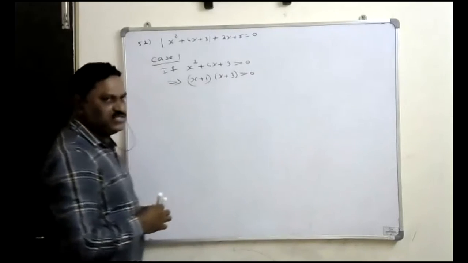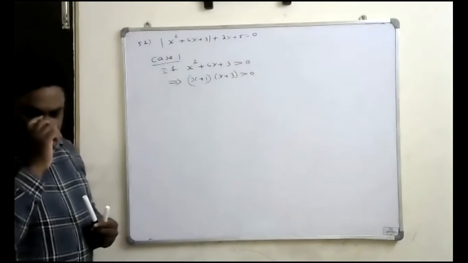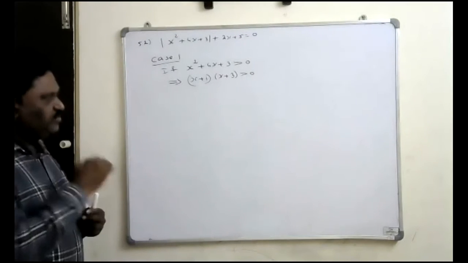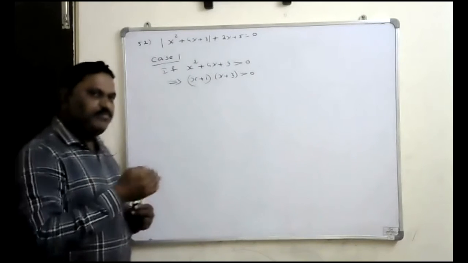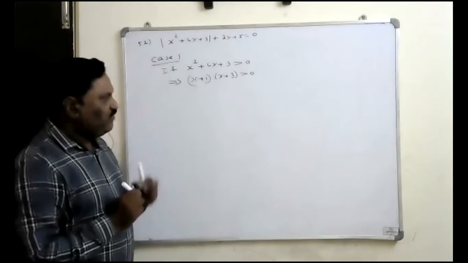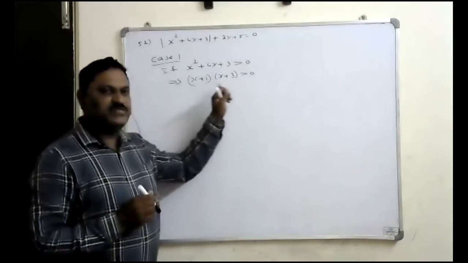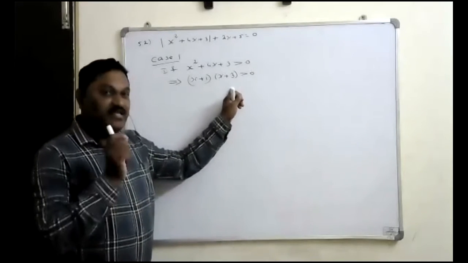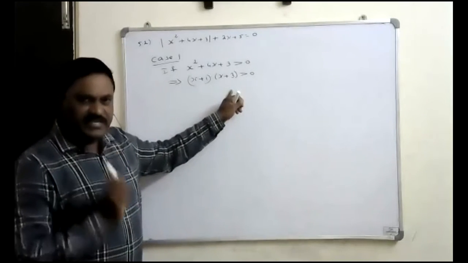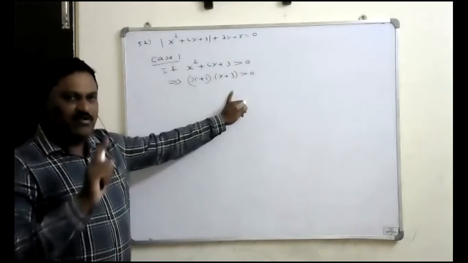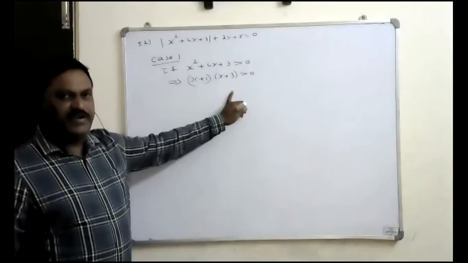What are the roots of this? Minus 3 and minus 1 are the roots. We already know the formula for the inequation: if x minus alpha into x minus beta is greater than 0, the interval for x is minus infinity to alpha or beta to infinity.